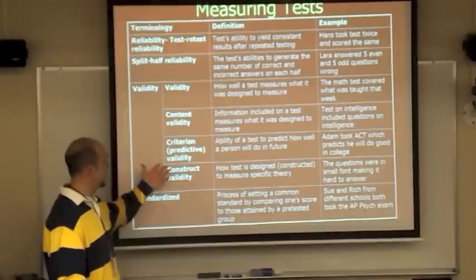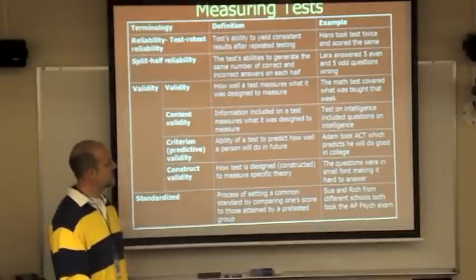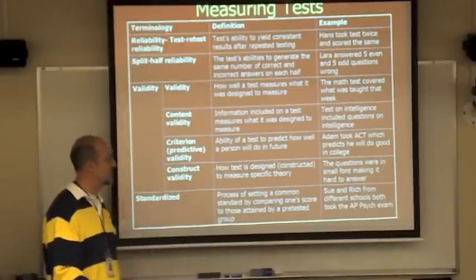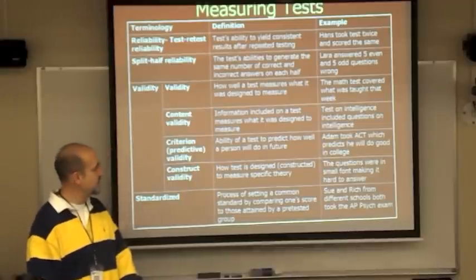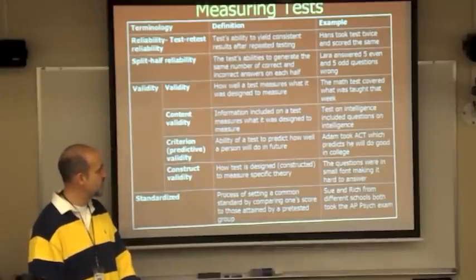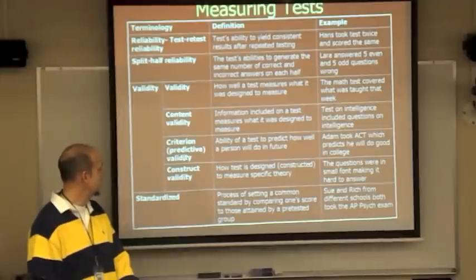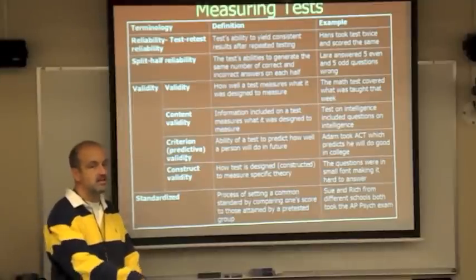Criterion or predictive validity is the ability of a test to predict how well a person will do in the future. And a prime example of this: Adam took the ACT, which predicts he will do well in college. So, criterion or predictive validity is those questions designed to see how they are going to do down the road.